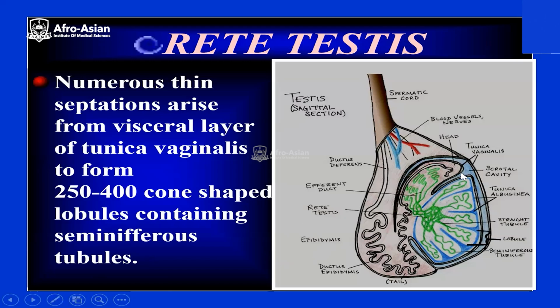So here you can see the tunica vaginalis, the scrotal cavity, tunica albuginea, the lobules, here is the rete testis.